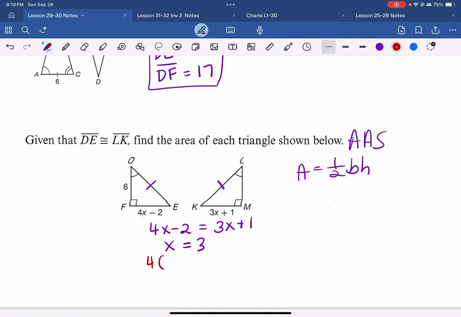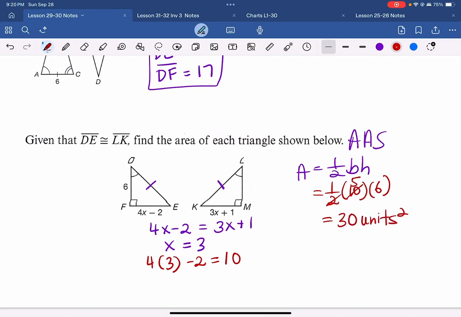So I'm going to do 4 times 3 minus 2. 12 minus 2 is 10. So now I can come over here and do 1/2. Base is 10. Height is 6. And then I can cross reduce that to a 5. And 5 times 6 is 30. 30 units squared.